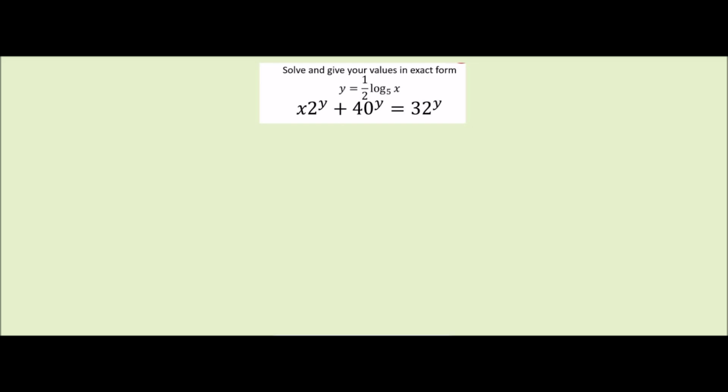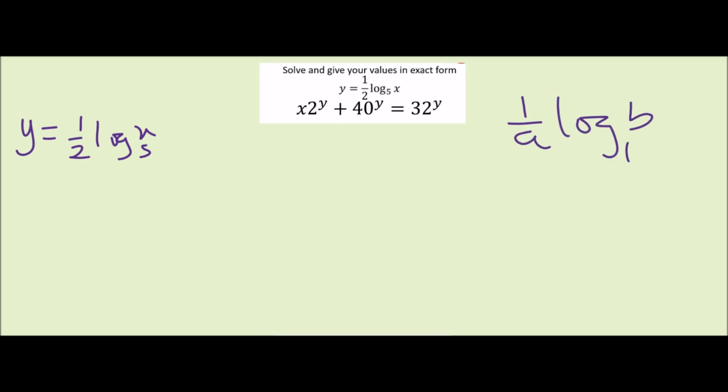Now, from the first equation, where you have y equal 1 over 2 log x base 5. In making x the subject of formula, here I'll get rid of these. I don't want to multiply both sides by 2, but I still want to use a law that I've used in one of my videos. If you have 1 over a log of b base k, this 1 over a can come here as a power.